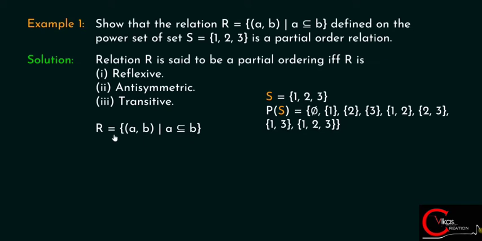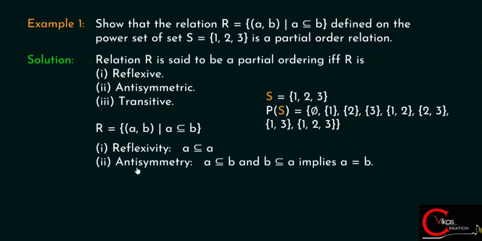Now let's see whether this relation is reflexive or not. Let's check the reflexivity property. According to reflexivity, A must be a subset of A. Here obviously A belongs to the power set of set S, right? And we know that this is true, obviously, because every set is a subset of itself.